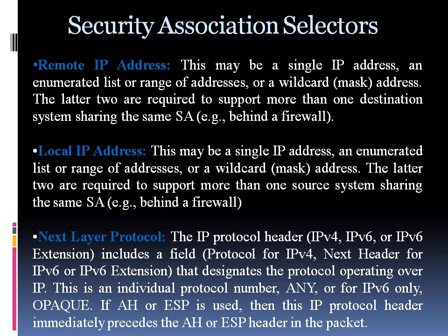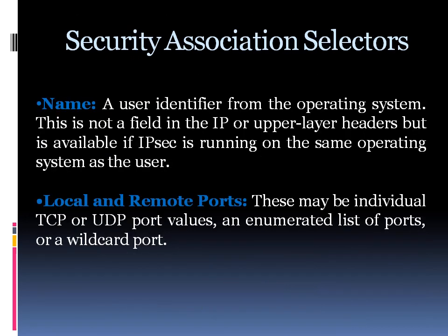Then you have the next layer protocol, which is nothing but the IP protocol header, which can be either IPv4, IPv6 or IPv6 extension, and this includes a field that designates the protocol operating over IP. The next selector is the name, which is a user identifier from the operating system.